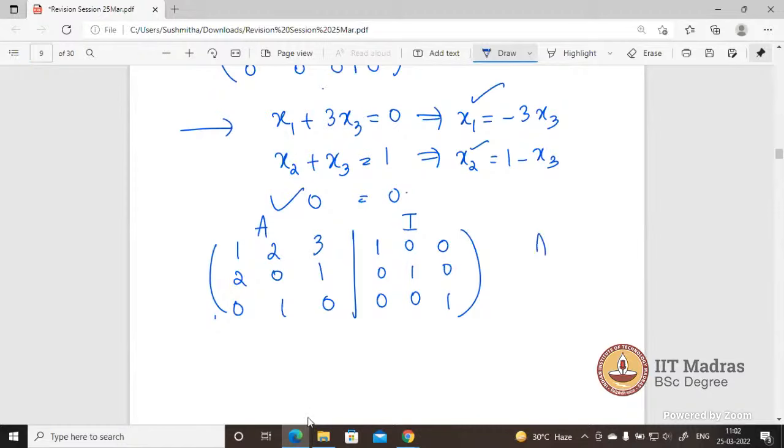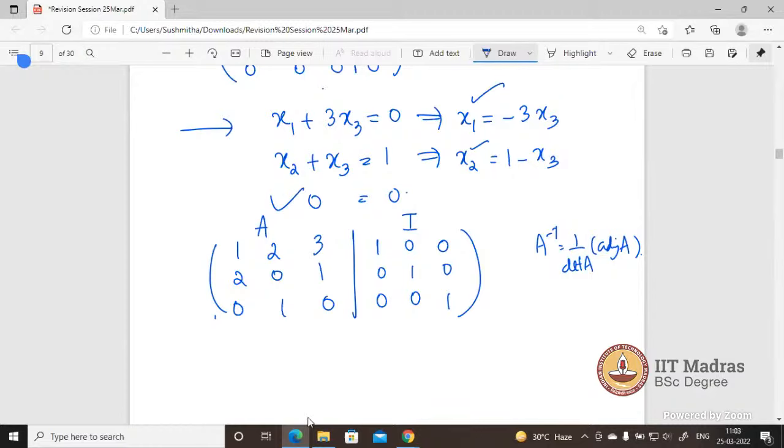Instead of doing A inverse is equal to 1 by determinant of A into adjoint of A, I'm going to use a different procedure to find the inverse. That's all. After doing the reduced row echelon form, the right hand side will be A inverse, and the left hand side will become the identity matrix.